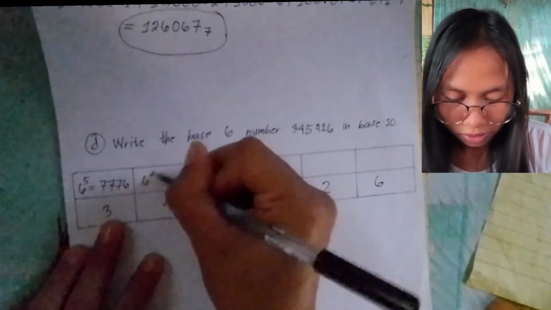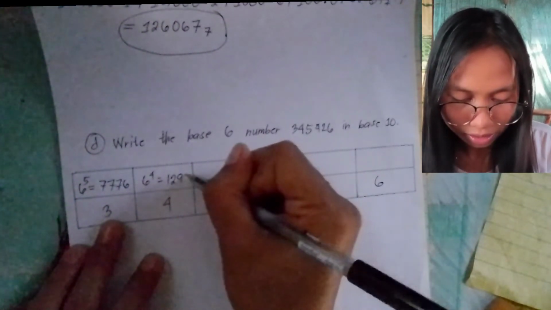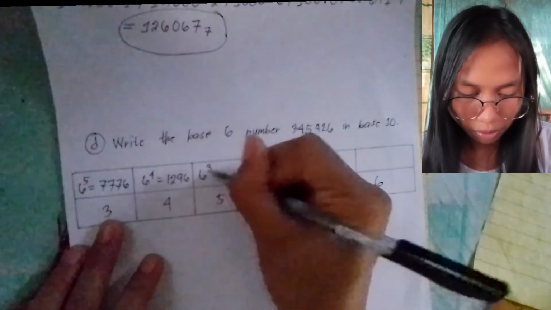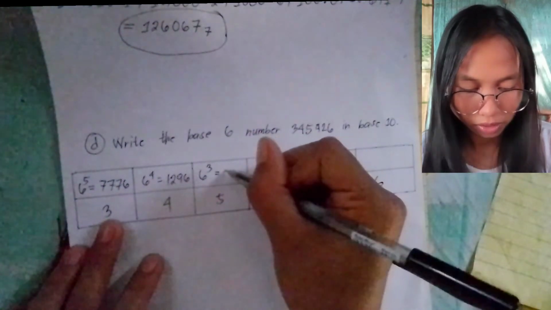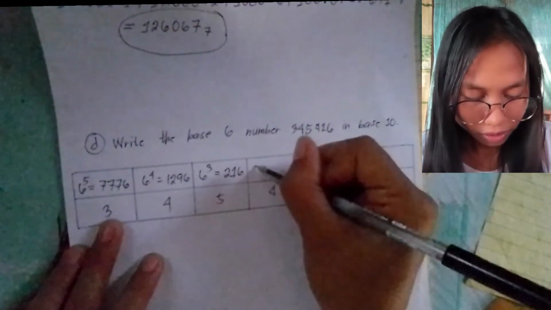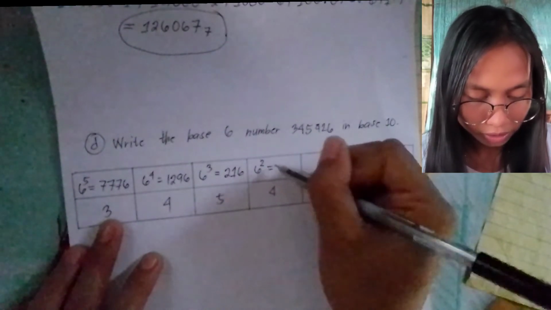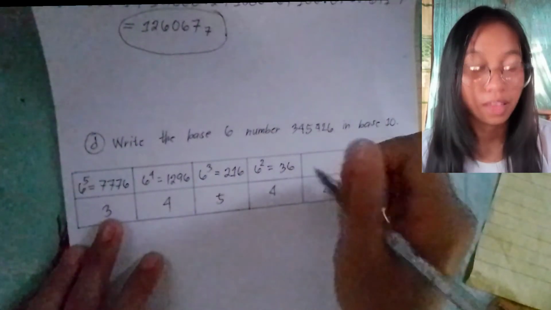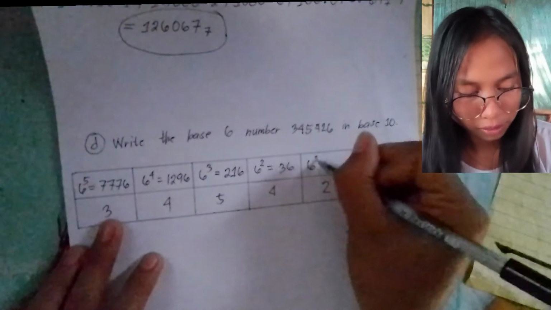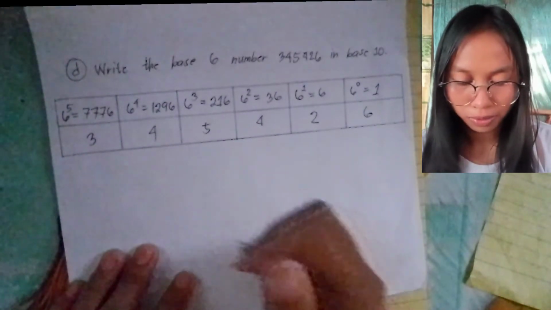Then 6 raised to the power of 4 is 1,296. 6 raised to the power of 3 equals 216. 6 squared is 36. And 6 raised to the power of 1 equals 6. And 6 raised to the power of 0 is 1. Again, simplify.